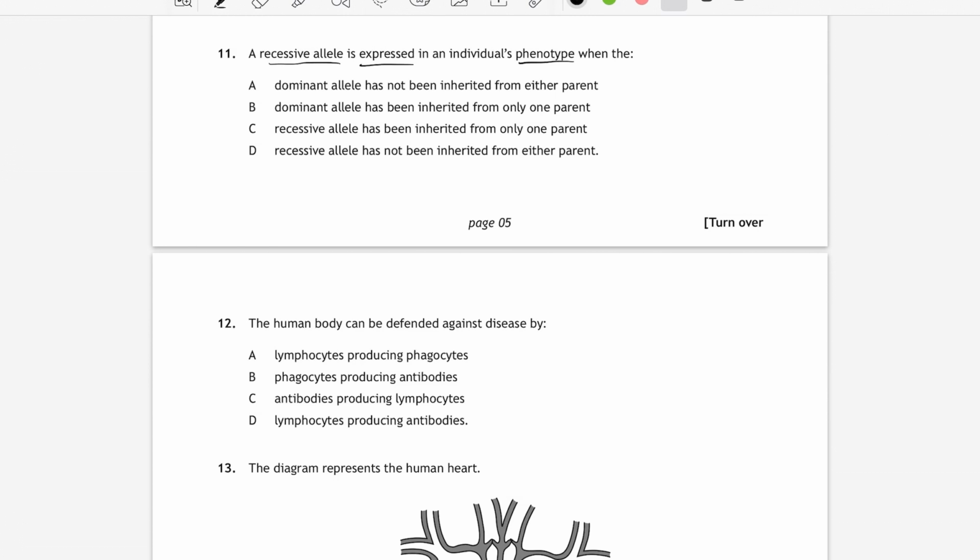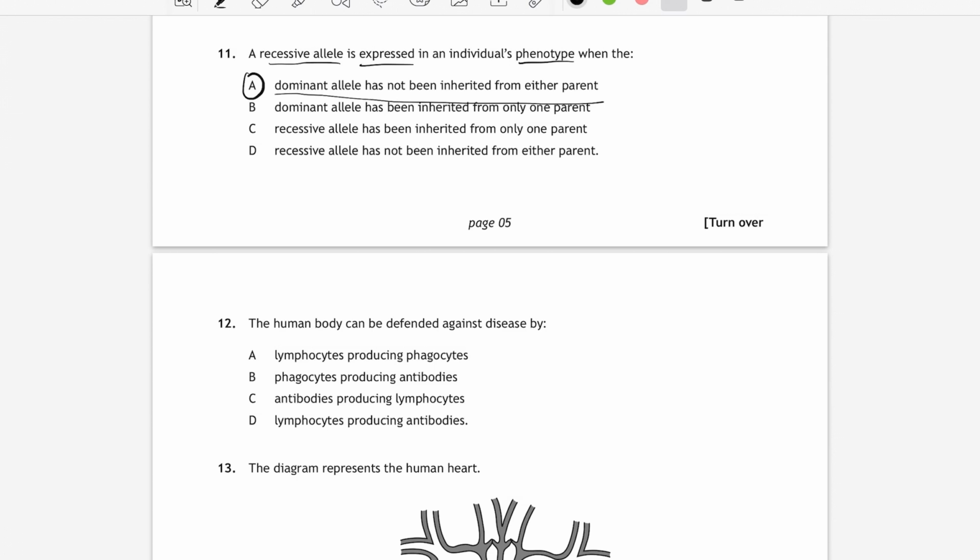Now that has to be the correct answer. Okay, if you have a dominant allele from either parent, you could potentially end up with it not being expressed. So the recessive allele not being expressed, you'd end up with a dominant allele being expressed rather than the recessive one.